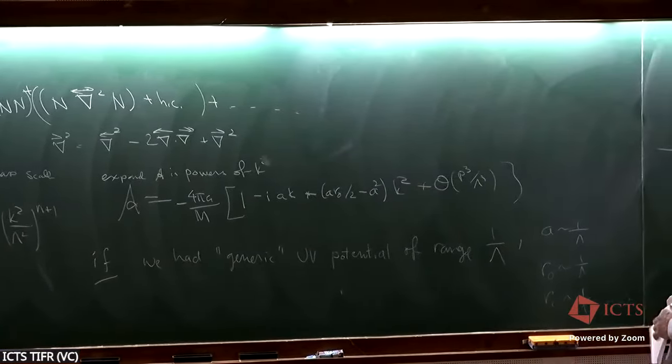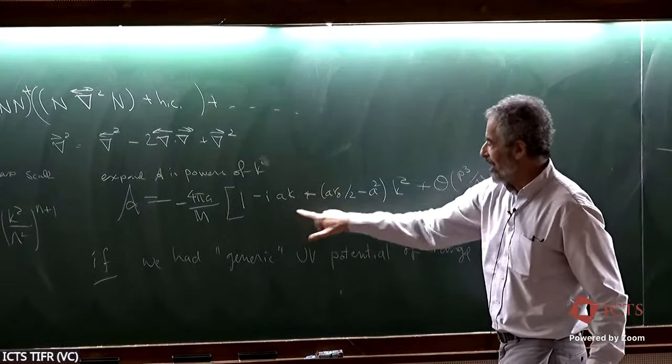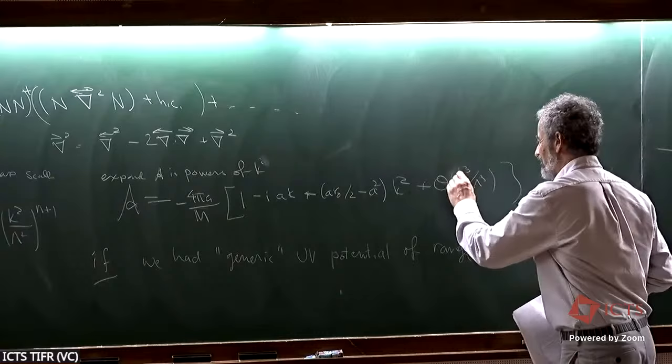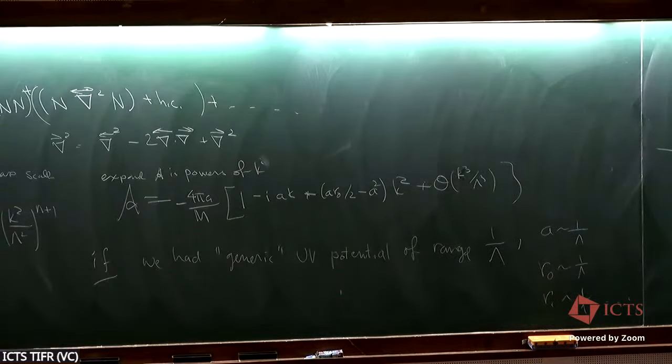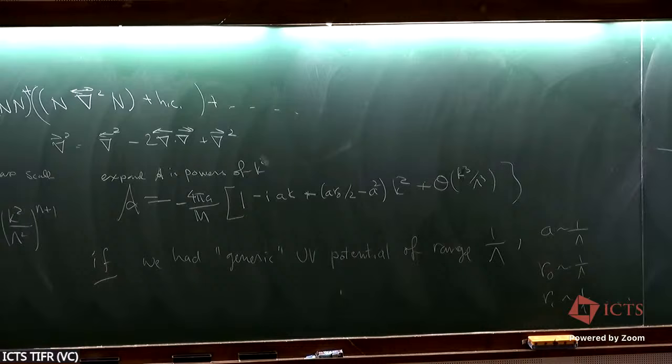And then you see that all these terms are just powers of k over lambda squared, k over lambda cubed, and so on. So a simple Taylor expansion would be pretty accurate with a radius of convergence on the order of lambda. So this is a very easy theory to deal with in an effective field theory.